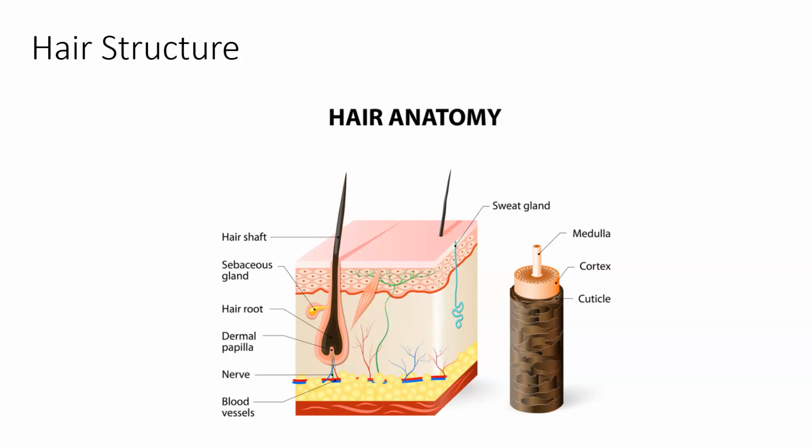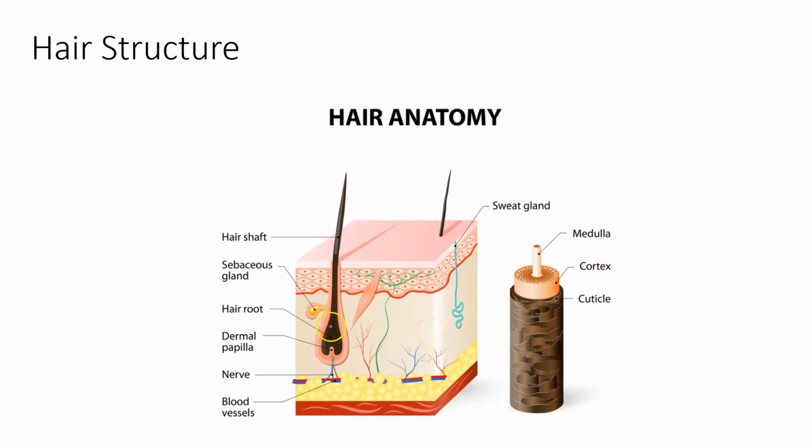You will see that within the skin, this is the skin layer, you have obviously the shaft, which is the part of the hair that is protruding from the skin, the visible section of the hair. You also have a hair root, and this hair root is seated firmly within the dermal papilla, but that's basically what we are referring to when we're referring to the hair follicle.